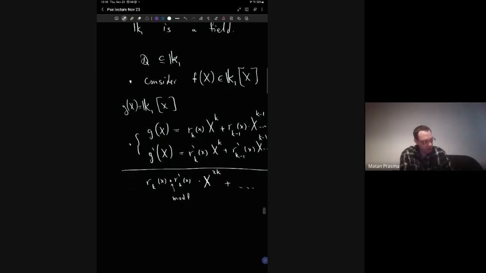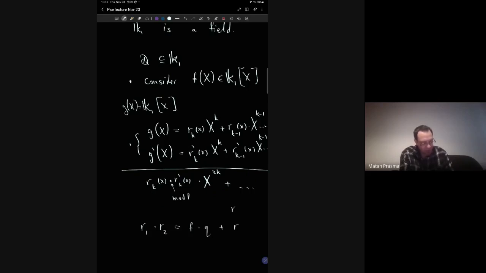If I want to do r1 times r2 modulo f, I am guaranteed that there is some polynomial q and polynomial r such that I have this equality, right?